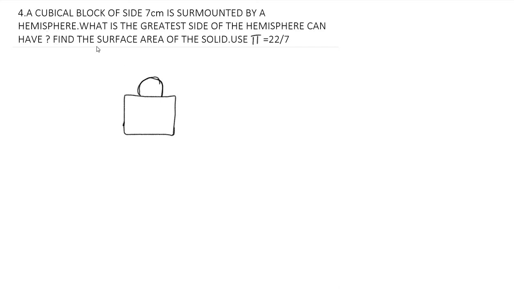See, how will you find the surface area of the solid? Yes, yeah, that is TSA completely. TSA of this cube, okay, and then the CSA of the hemisphere, and there is no base of this hemisphere, right?